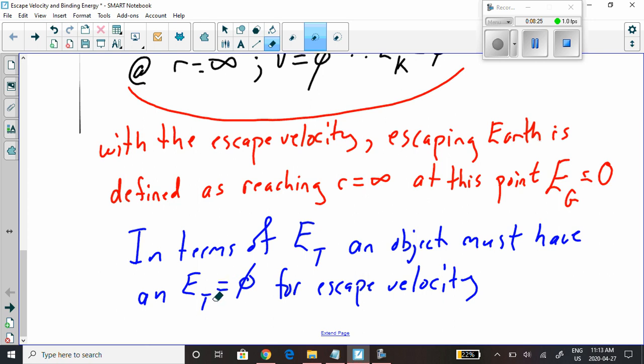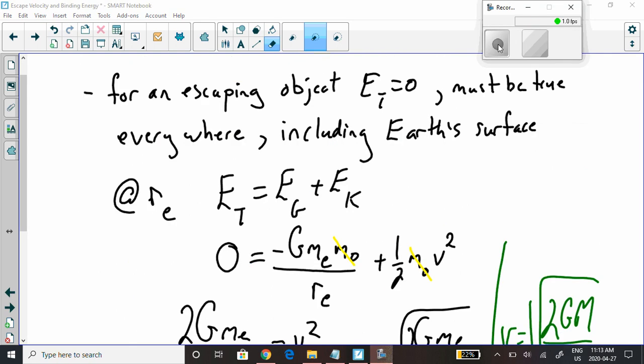But remember, total energy is conserved, which means it would have to have a total energy equal to zero during its entire motion.